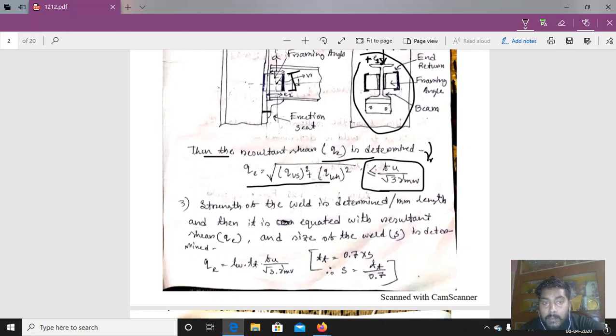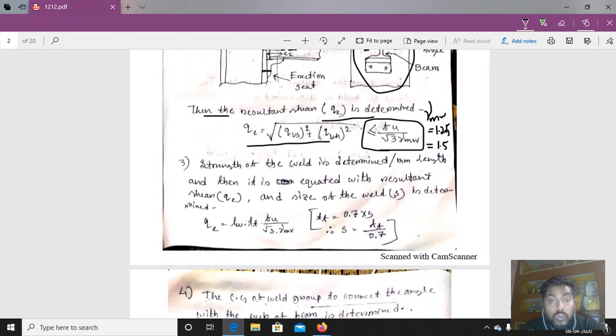Gamma mw is, as we know, either 1.25 or 1.5 depending on the type of weld. Is it shop weld or is it site weld? Depending on that we have to choose the gamma mw. Now, we have calculated the resultant shear.